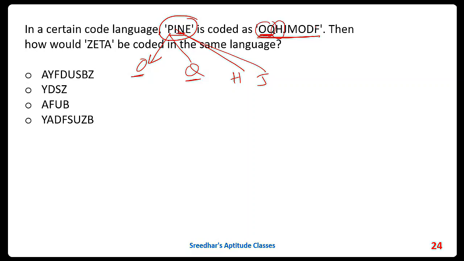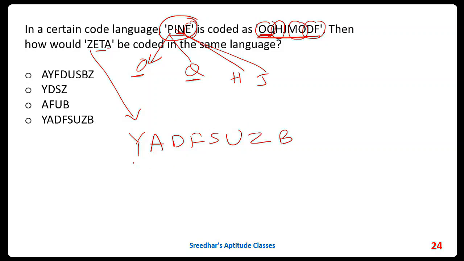The letters before and after N are M and O, and before and after E are D and F. If I apply the same thing: Z, before Y, after A; E, before D, after F; T, before S, after U; A, before Z, after B. So YA, DF, SU, ZB. The last option is the answer, option D. Here, every letter in the code is coded by a letter before it and a letter after it. Understood? Next question.